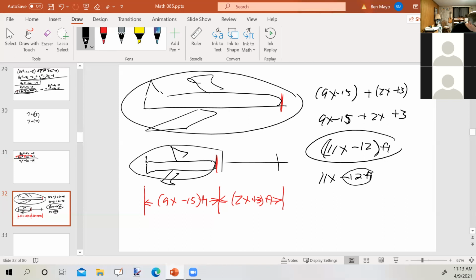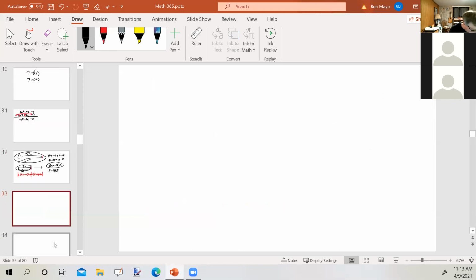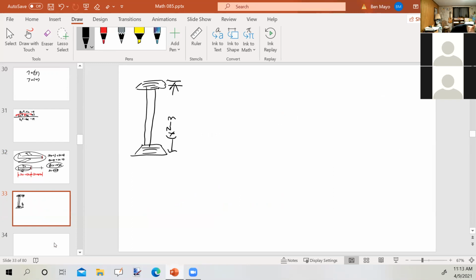Let's see, I've got two columns. And this first column is x squared minus 3x plus 2 feet.